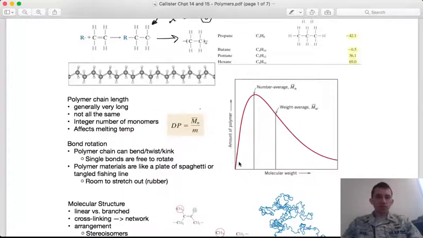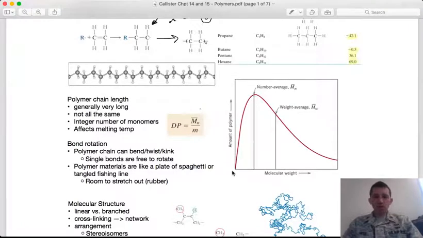And so you can characterize the size of your polymer chains in a couple different ways. Two of the more common ones are a number average, right? So this would be looking at each polymer chain in terms of the number of monomers, perhaps. Or I guess it would be the number of chains of that length, right?